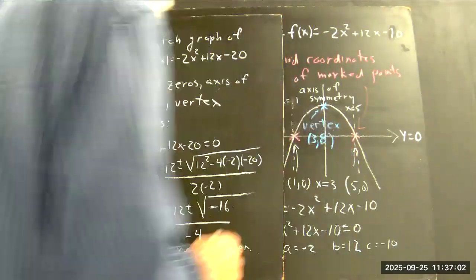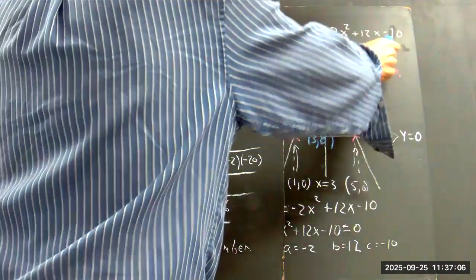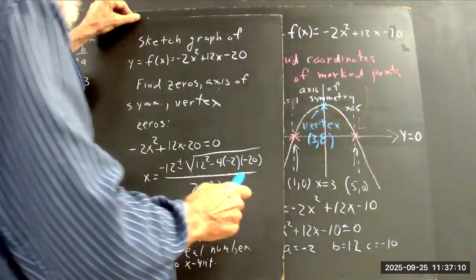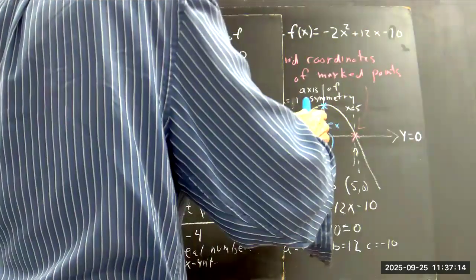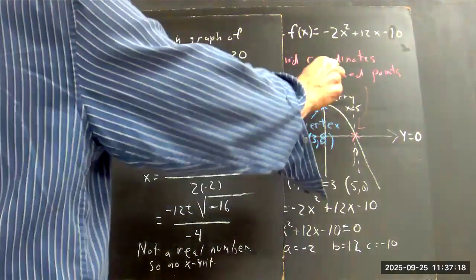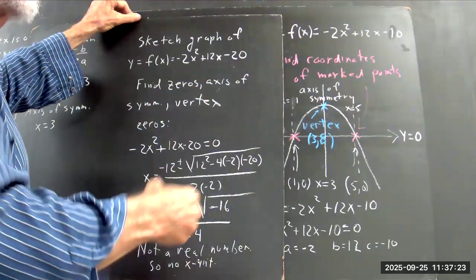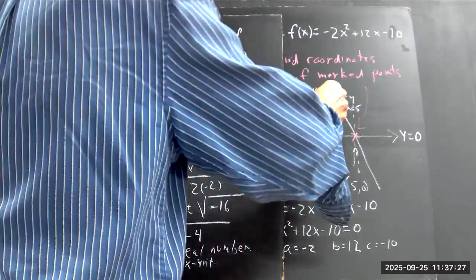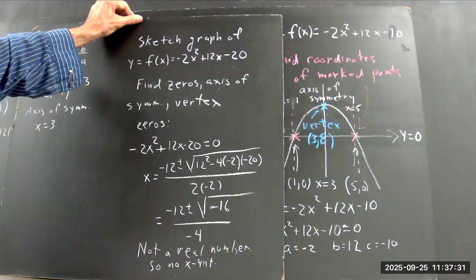But the coordinates are 3, 8. Okay. This is identical to this, except this has negative 20, where this has negative 10. Meaning whatever negative 2x squared plus 12x is, when I subtract 10, I get 8. That's the y-coordinate of the vertex. If I subtract 20, I'm going to get 10 less than 8, which is negative 2, which is going to shift the graph down below the axis so that there are no intercepts.